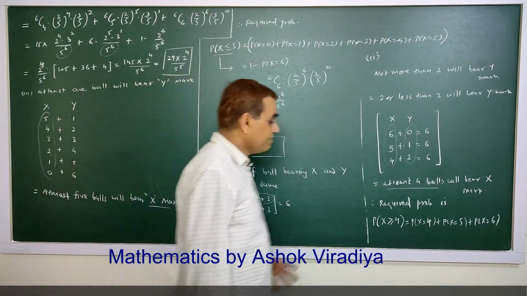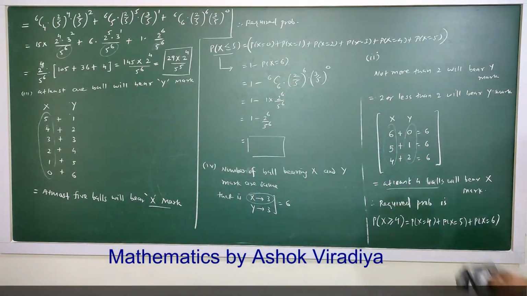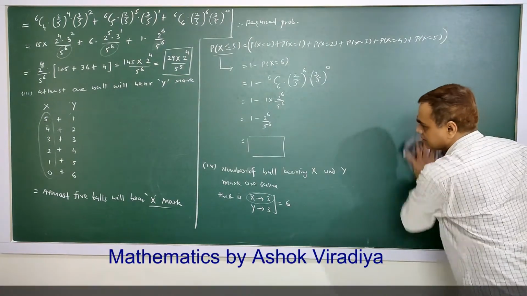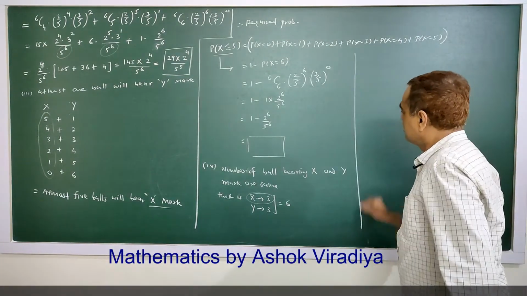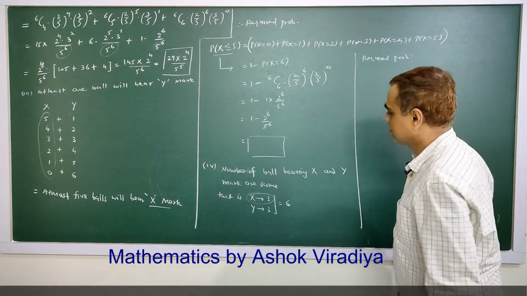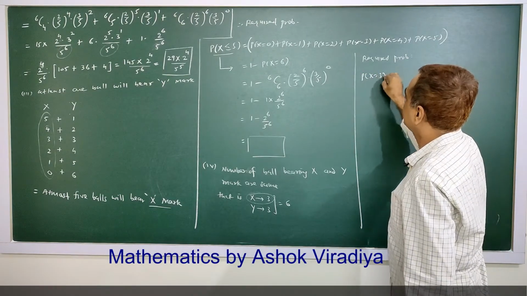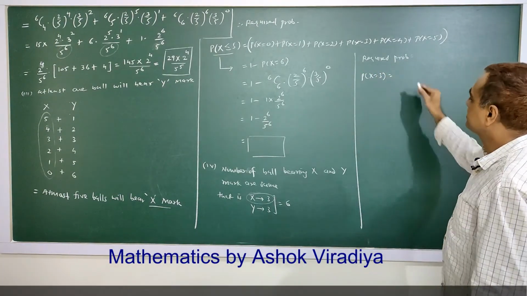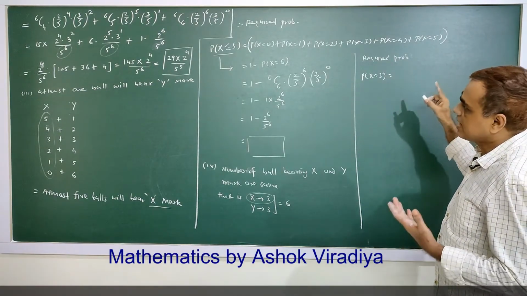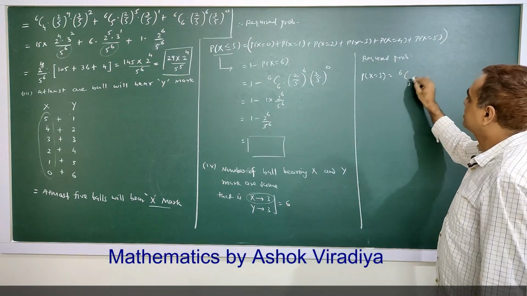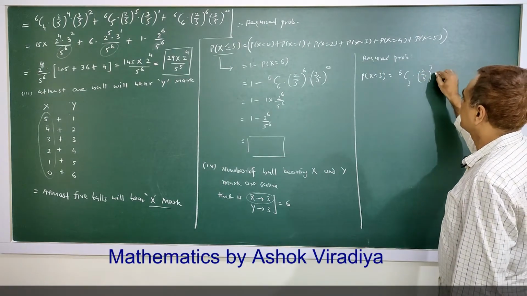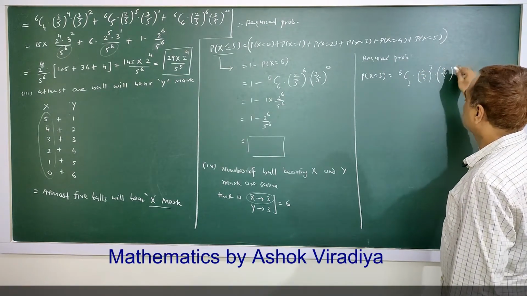So required probability in the fourth case is probability that number of successes is 3, that is by the formula 6Cx, p was 2 by 5 raised to 3, 3 by 5 raised to 6 minus 3, that is 3.